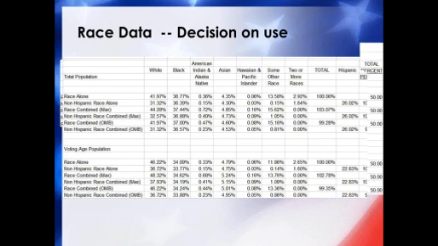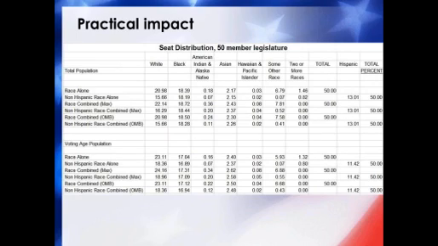Next slide. What happens is, say we have a theoretical 50-member legislature, what might be anticipated given those racial characteristics? Well, we can see that in most instances, there's not a lot of change in terms of number of seats, for example, in the African-American population, the black population, for total pop.